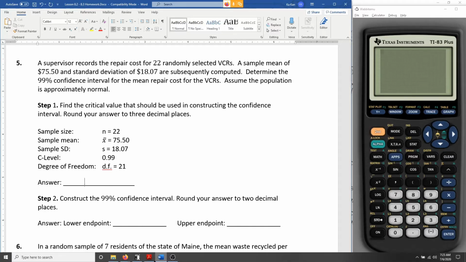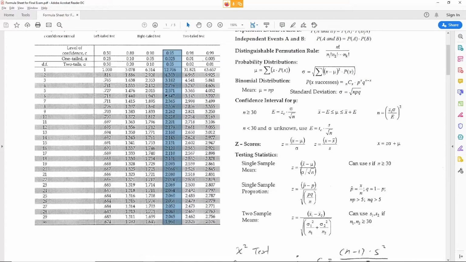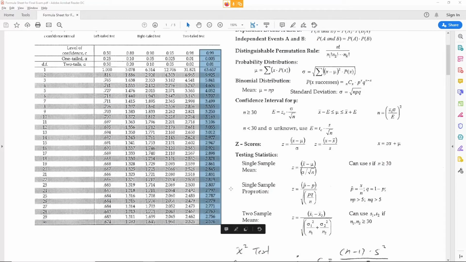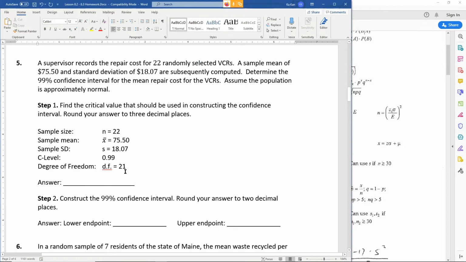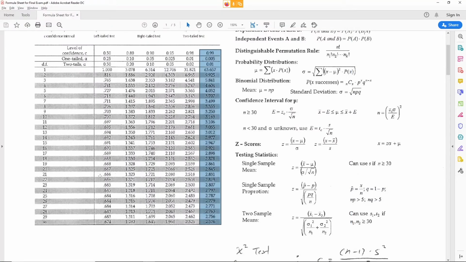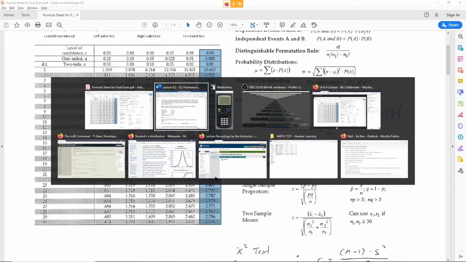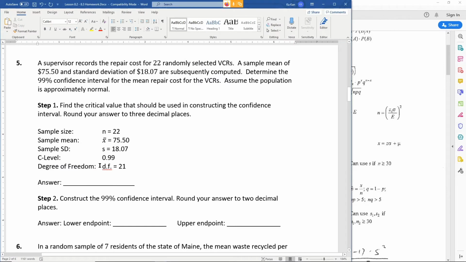Again, look at this formula sheet. We know it's a 0.99 confidence interval, so that's this column right here, 0.99. And since the degrees of freedom is 21, let's look at 21. 21 is 2.831. So 2.831 is your critical value.